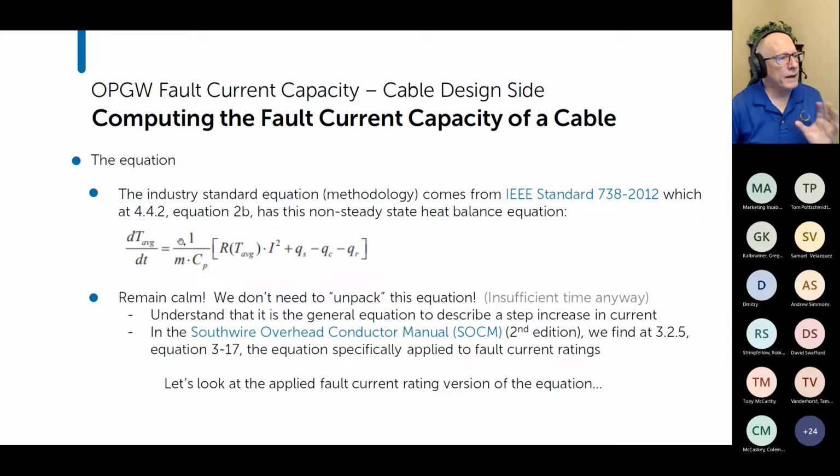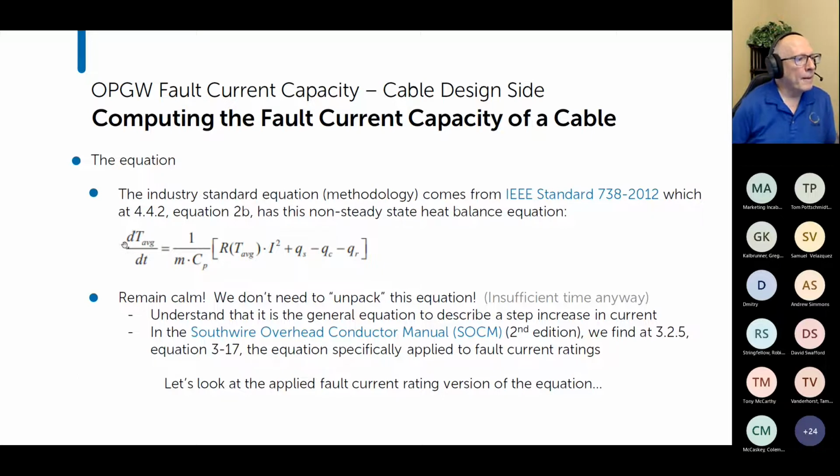Now, I want to take a moment, just a couple seconds, to ponder the beauty of this math. But let's remain calm. We don't have to unpack all of this equation. We don't have the time for it anyway. I just need you to understand that this is the general equation to describe a step increase in current.